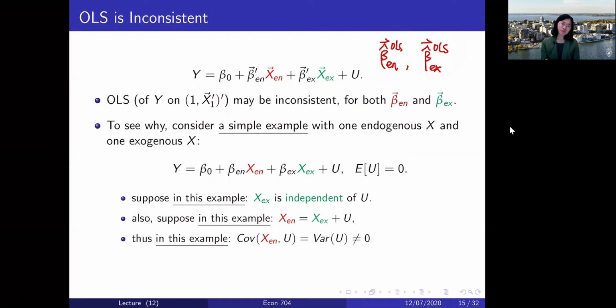What that says is that the endogeneity of some of the causal variables will affect the consistency of OLS estimators for all the causal effects. Even if there is only one endogenous variable, that endogeneity can cause the OLS estimator for all the coefficients, all the causal effects, to be inconsistent. That typically is the case whenever the endogenous variable is also correlated with the exogenous variables.